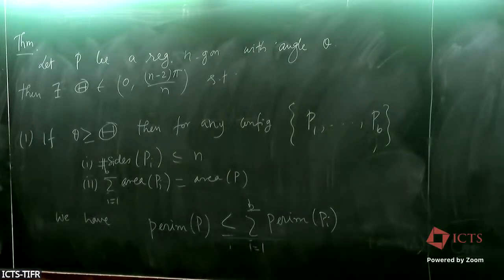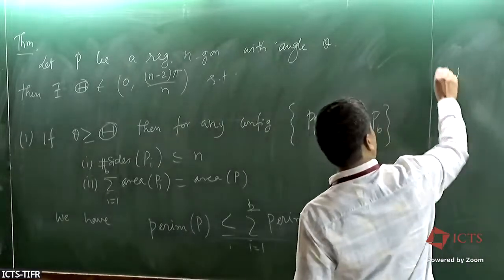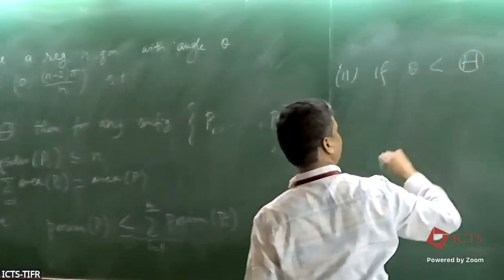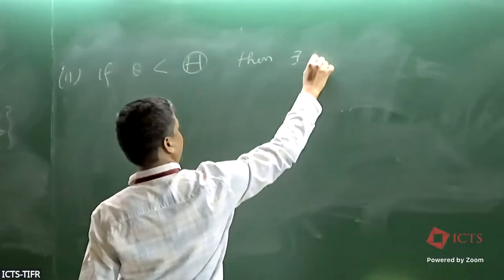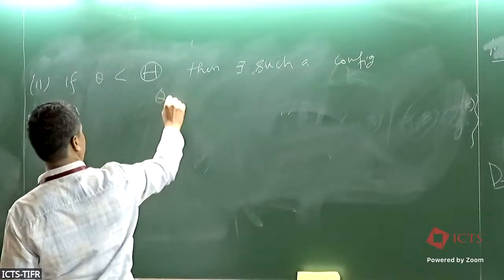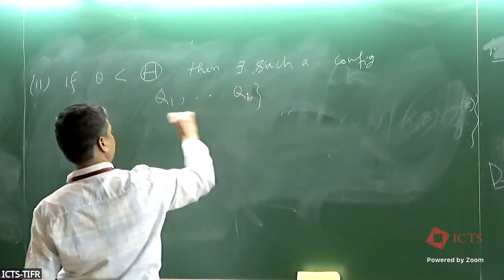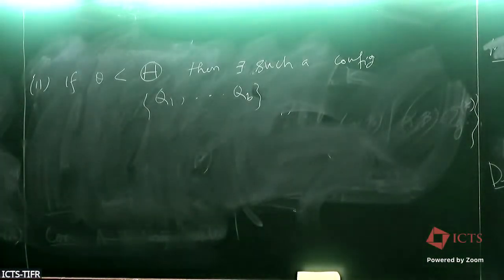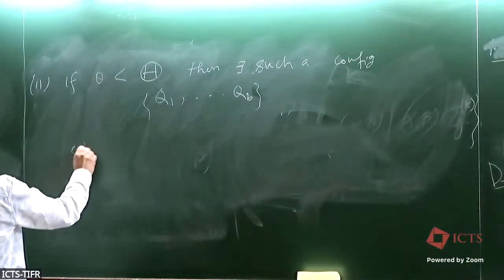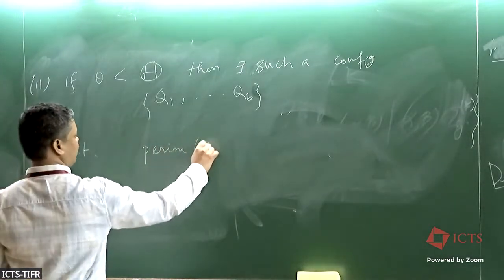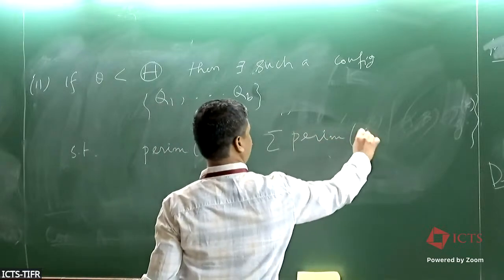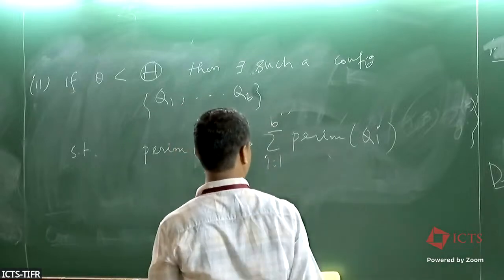And the second item is: if theta is less than capital Theta, then there is such a configuration Q1 up to Qb, such that the number of sides of each Qi is less than or equal to n, and the area sum is equal to the area of the polygon P, such that the perimeter of P is greater than the sum of the perimeters of Qi, i equal to 1 to b.